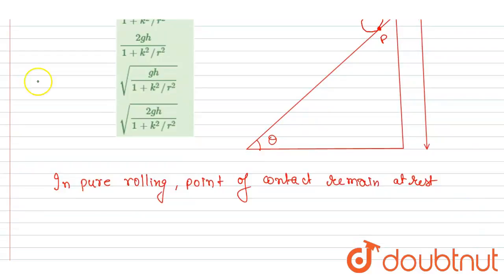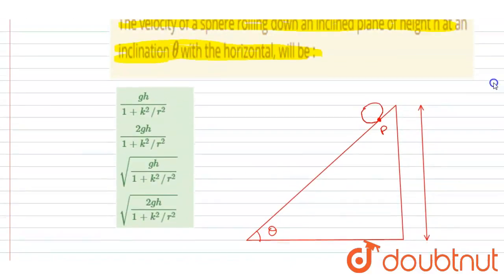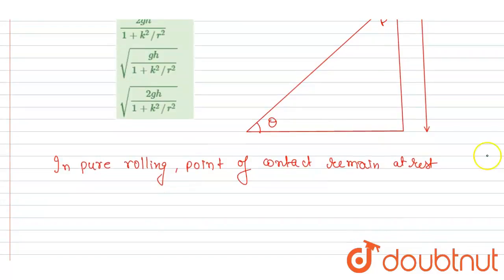So if the point of contact remains at rest and the friction force acts at the point of contact, then what will happen? It remains at rest if it is on a fixed surface. If the surface is moving, then it can have the velocity of the surface; on a fixed surface, right?